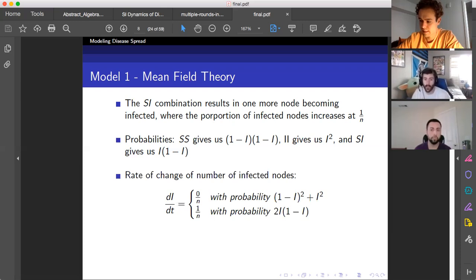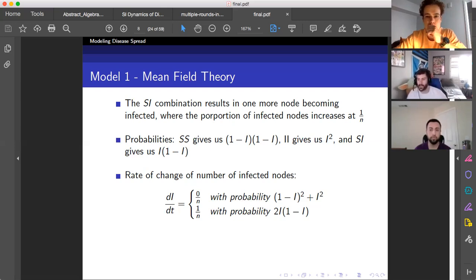And then 1 new node is becoming infected with probability 2I times 1 minus I. This 2 right here comes from the previous bullet, where SI is going to give us I times 1 minus I. We're getting this special 2 because you could think of 2 nodes where 1 is susceptible and 1 is infected. It could be either this one or this one, so there's 2 possibilities. You have to take 2 times I times 1 minus I, and that'll give us this formula right here.